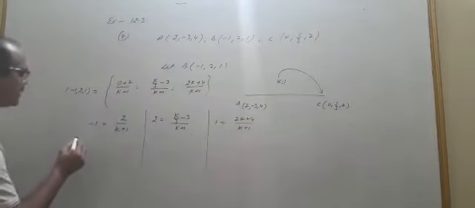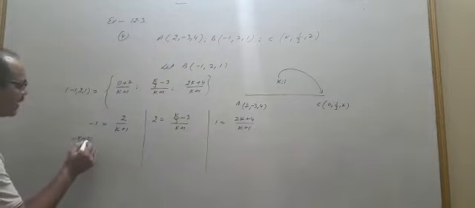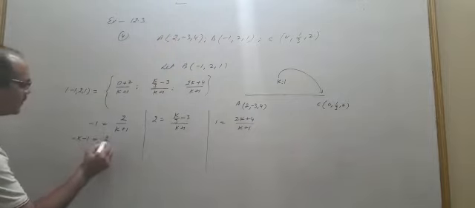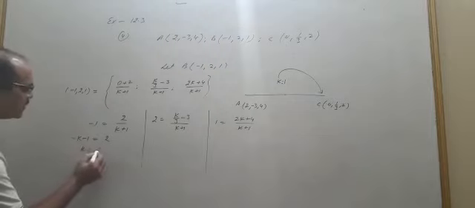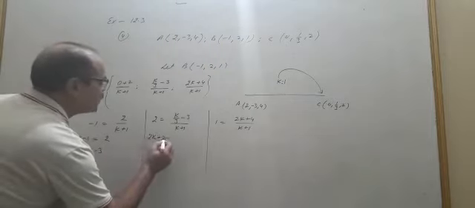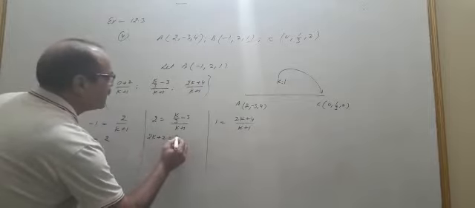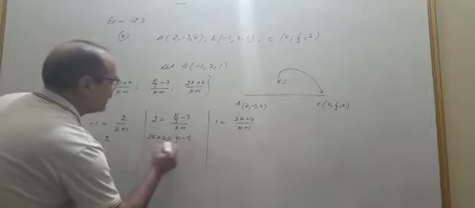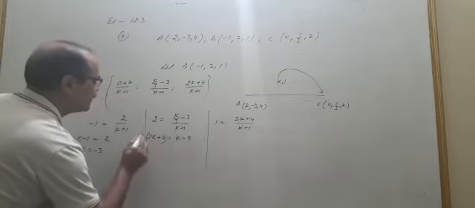Now solving this, we get -K minus 1 is equal to 2. Therefore K is equal to -3. From the second, 2K plus 2 is equal to K minus 9, and this is 3 times.